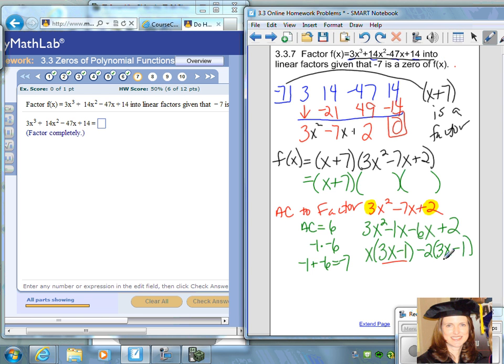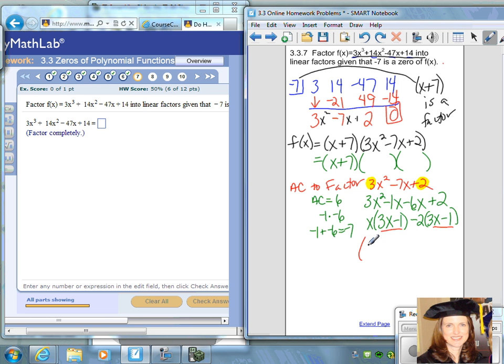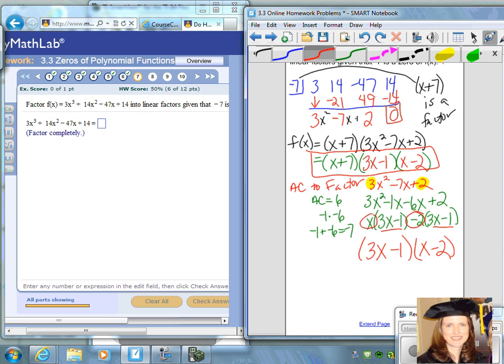You've got 3x minus 1 is one factor, and the other factor is found by the x and the minus 2, x minus 2. So those are going to be your other factors, 3x minus 1 and x minus 2. So their end result is going to be all of this.